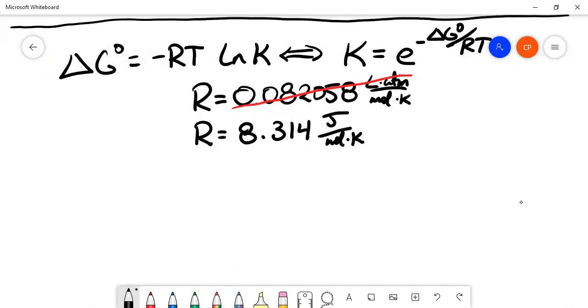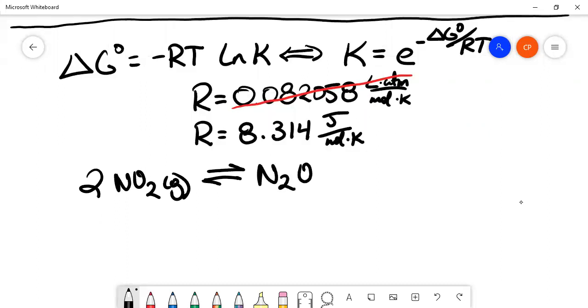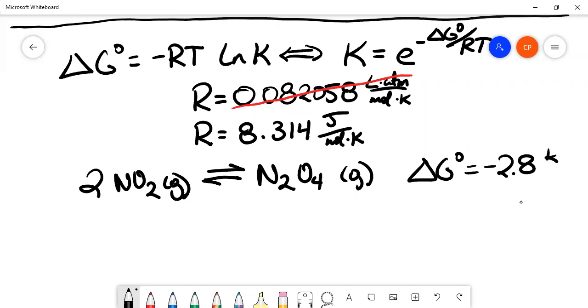So let's go back to our very first example one more time today. And let me provide once more that standard free energy: negative 2.8 kilojoules per mole. Let's compute an equilibrium constant from this.